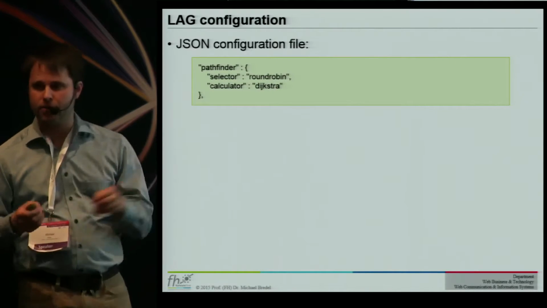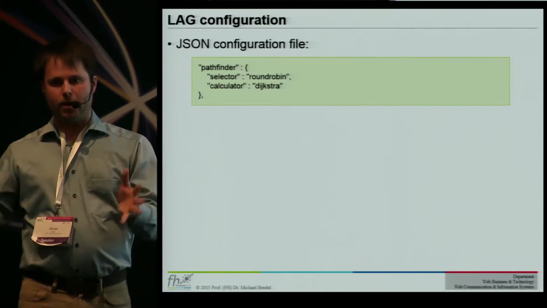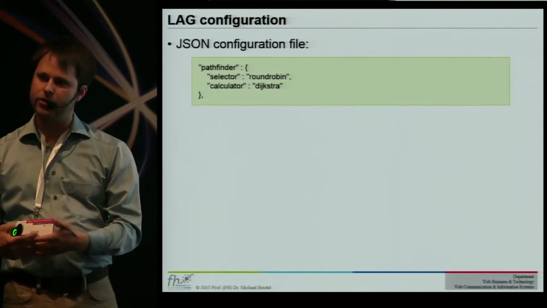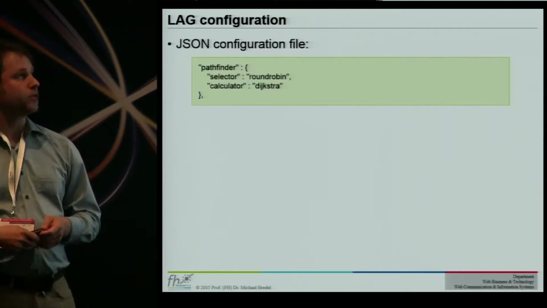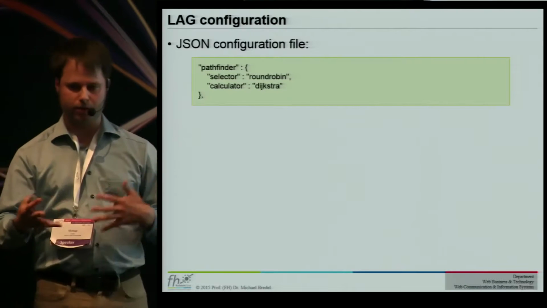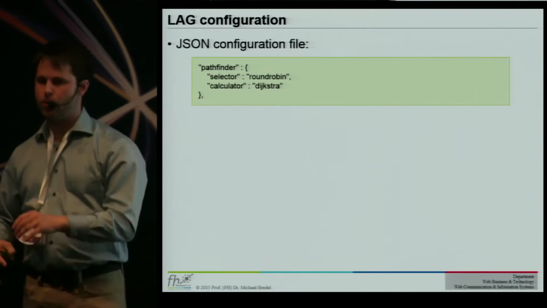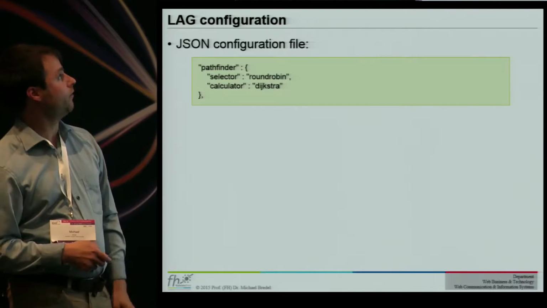We have this pathfinder, which calculates multiple paths from a source to a destination. You can configure that. You can have different algorithms to use to calculate these paths, for example, Dijkstra's or a modified version of that, or any graph theory algorithm you can think of and want to use.